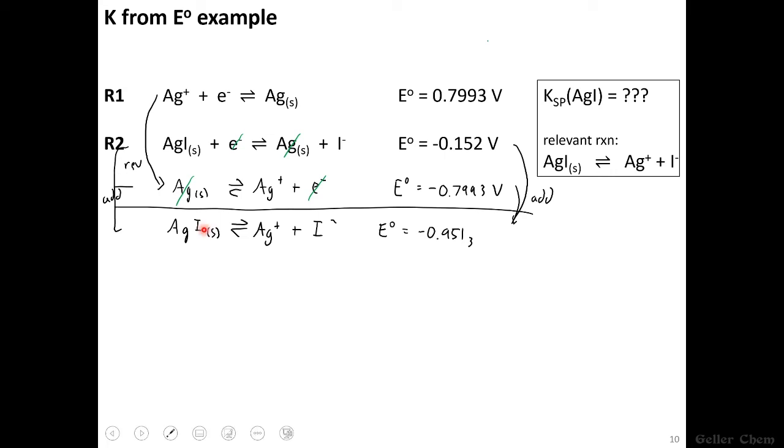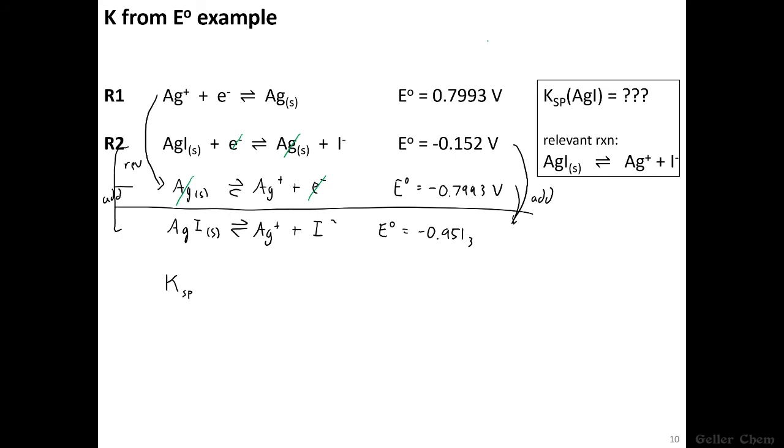What that means is that this solid cannot possibly spontaneously dissociate to form 1 molar of each of these, since we're dealing with standard state voltages in this kind of problem. That voltage is saying there's no way this is dissociating enough to produce standard state concentrations of these. It'll be much less than standard state, which we're about to confirm, because the overall goal was to figure out what is the K value for that equilibrium.